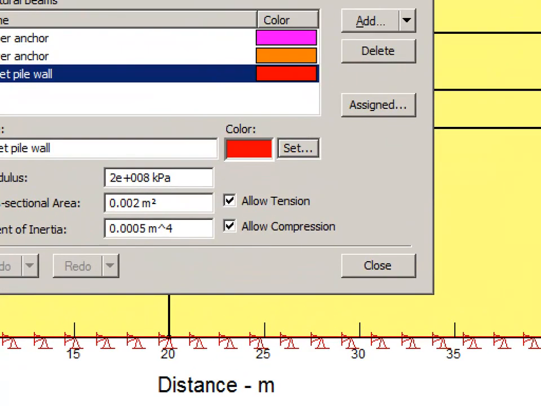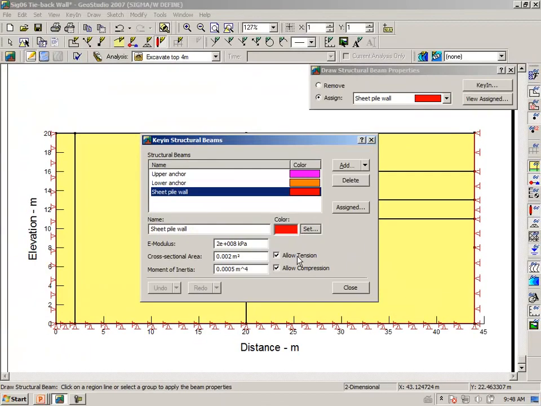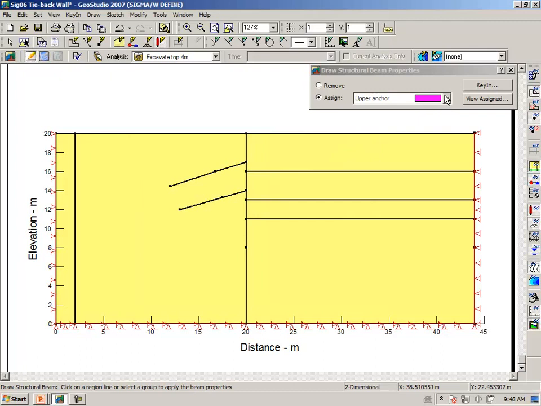And we allow both tension and compression for the sheet pile wall. Draw sheet pile wall, and we draw it on the lines or the edges of the regions.